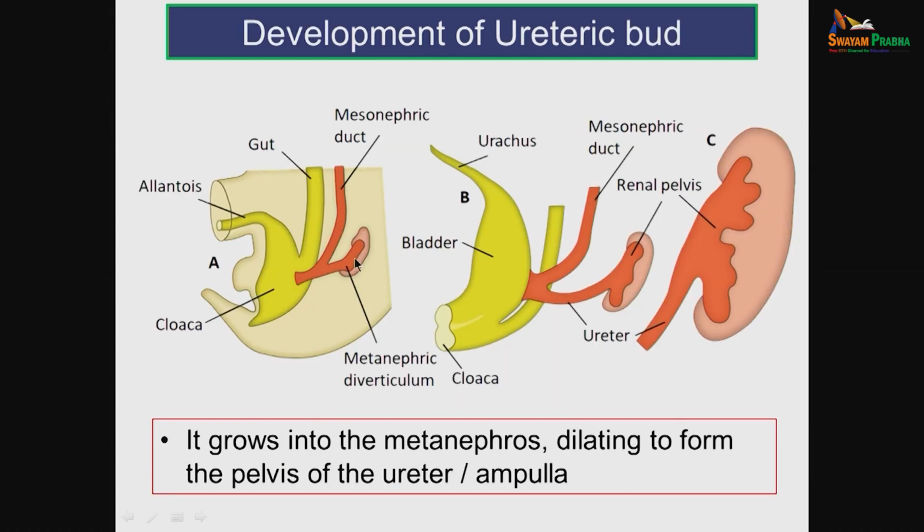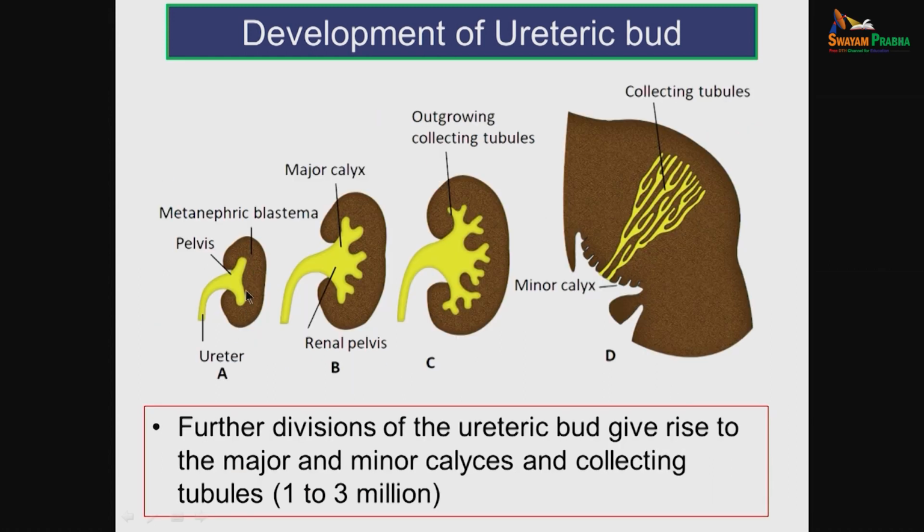So, this ureteric bud is growing into the metanephros. This is the metanephros. It is dilating to form the pelvis of the ureter, also called the ampulla. Further divisions of this ureteric bud give rise to the major calyces.